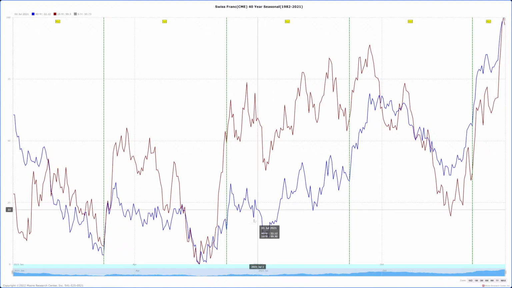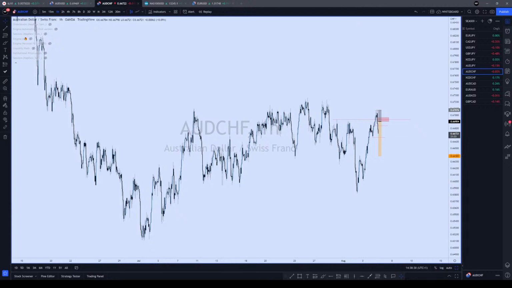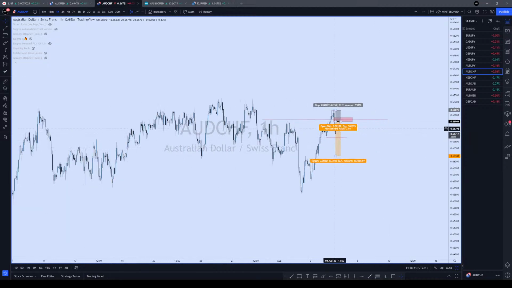So if you look over here, that's Wednesday, Thursday, Friday. Between Wednesday and Friday, the Swiss will turn around to go back up again. So if that's the case, then going into next week, that's when this is gonna move. So it might pull back and then continue going down. All right.